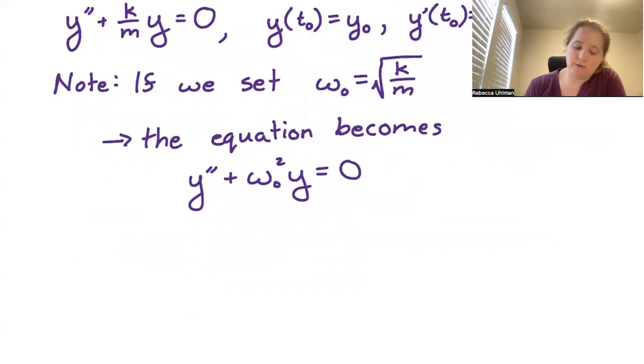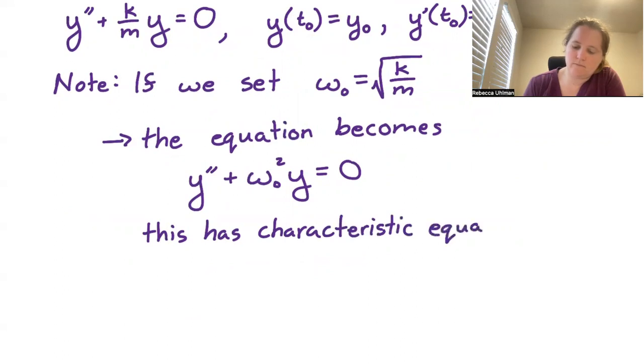This then has characteristic equation r squared plus omega naught squared equals 0.